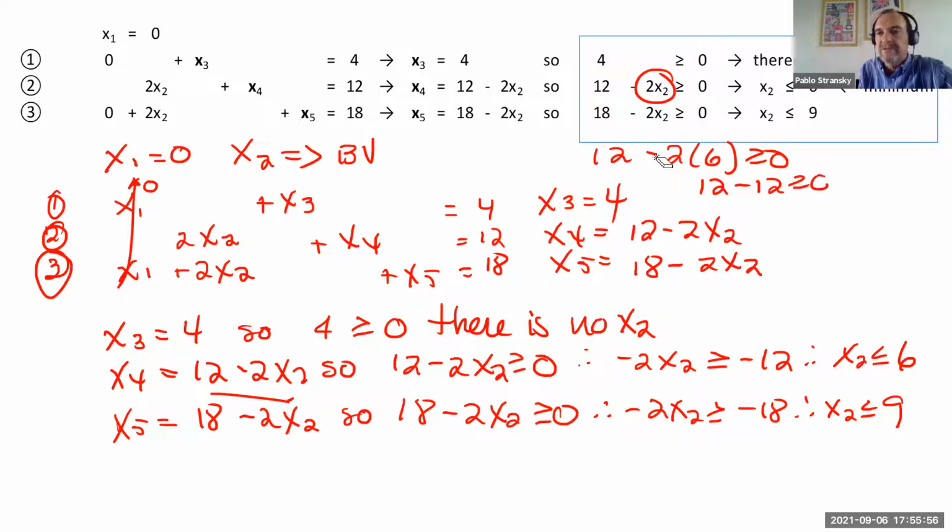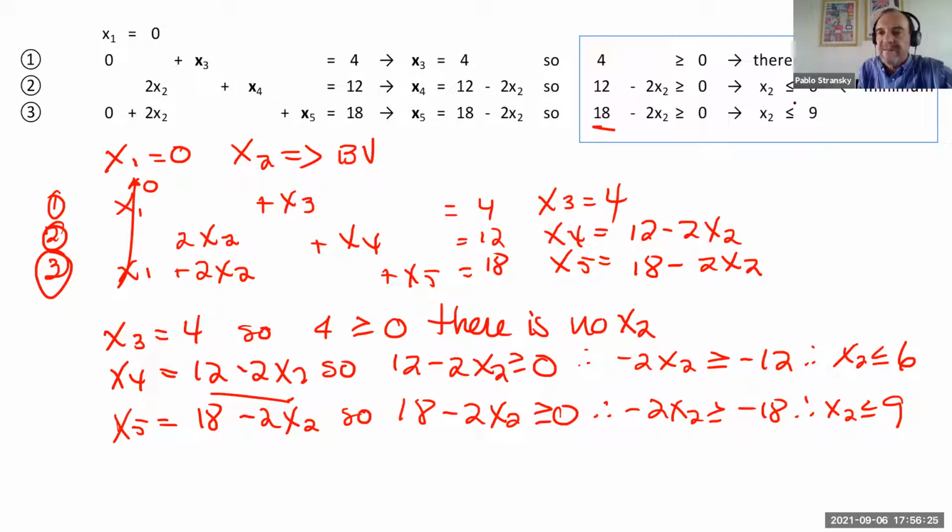It's greater or equal to 0, so I'm not violating this condition. Now, can I apply that 6 over here? Yes. 18 minus 2 times 6 will be greater or equal to 0. That's also correct because 18 minus 12 is 6, and that's greater than 0. So we're not violating any condition.